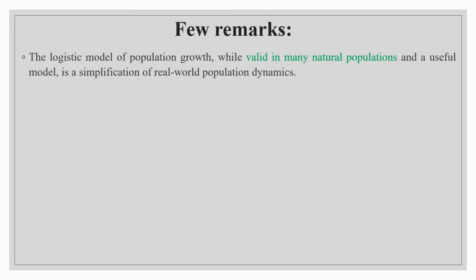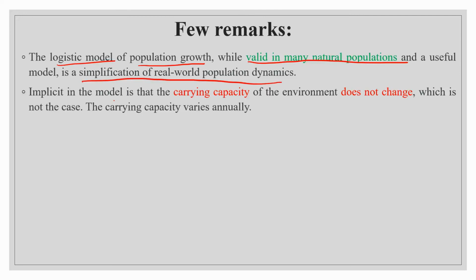But there are a few remarks that we need to keep in mind. The logistic model of population growth, while it is valid for many natural populations, is mainly a simplification of the real-world population. Implicit in the model is that the carrying capacity of the environment does not change, which is not the case.